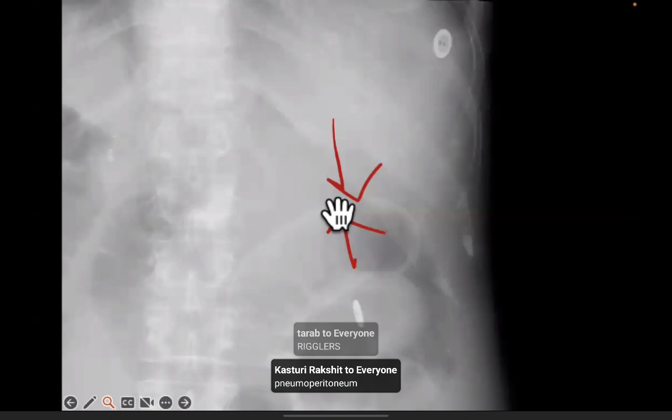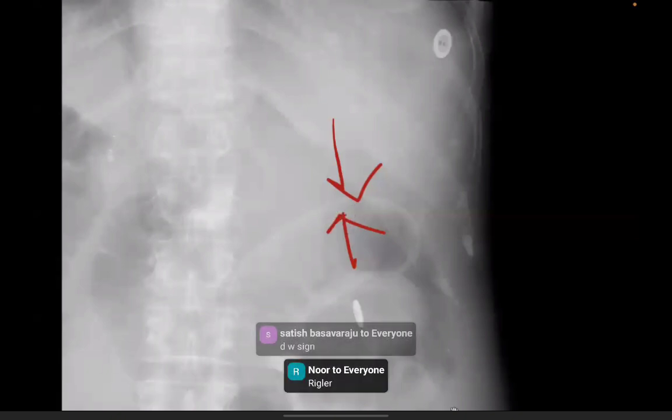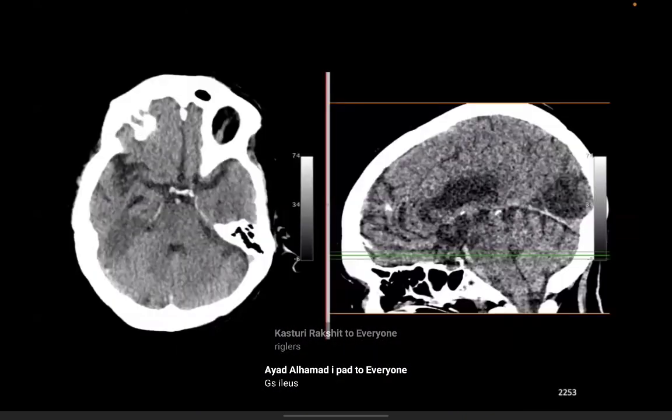Rigler's sign. Yeah. Okay, this patient comes in with a coma. Any thoughts? Yeah. Basilar artery tip thrombosis on the axial.